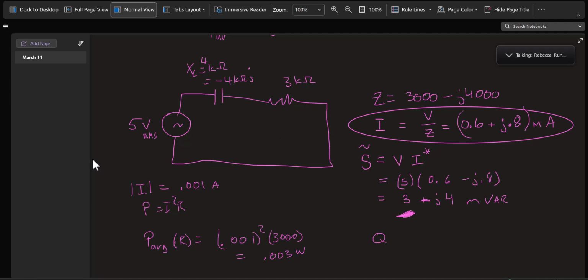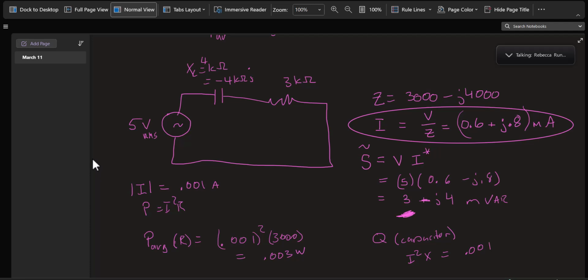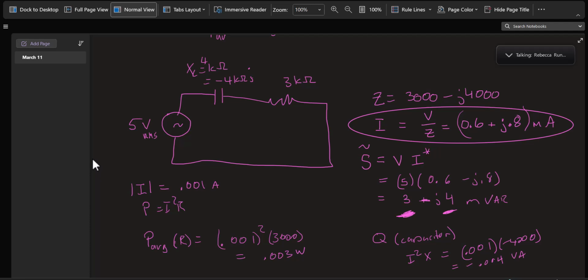What is the reactive power for the capacitor? That one is I squared X, which would be 0.001 squared times negative 4,000, which is negative 0.004 VA. That's this part right here. So we found the total complex power, but now we're seeing how it's divided up by the different components in there.